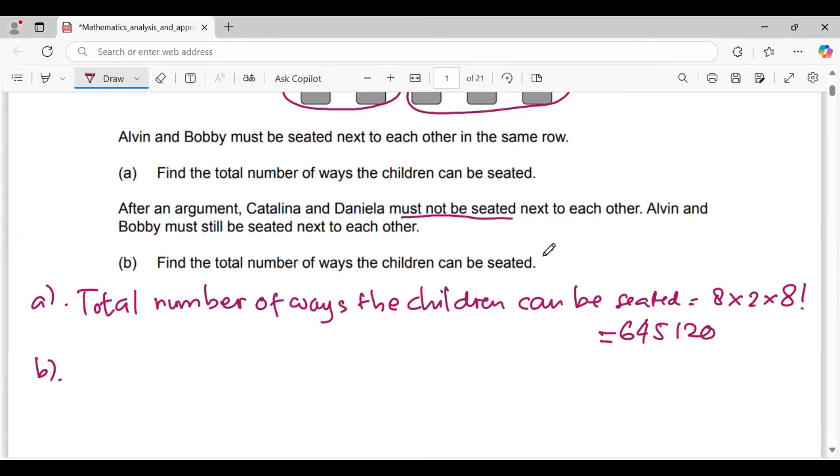I'm going to use an abbreviation for the total number of ways the children can be seated.